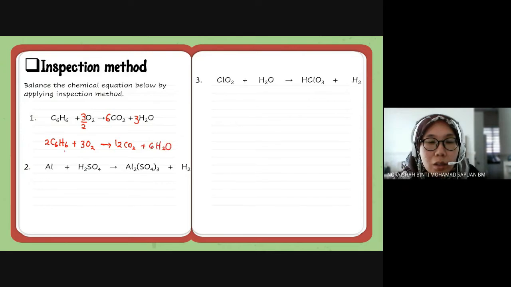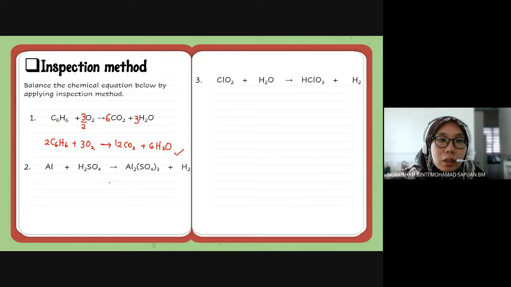Okay. So make sure all the atom are balanced in both sides. Okay, dekat bahagian reactant ada 12 carbon, bahagian produk pun 12 carbon, and then hydrogen pun ada 12 bahagian reactant, bahagian produk pun ada 12 hydrogen. Oksigen ada 30, oksigen ada 30.